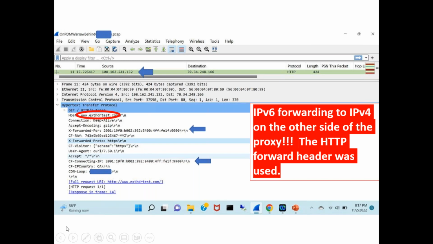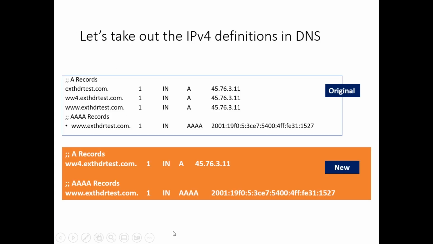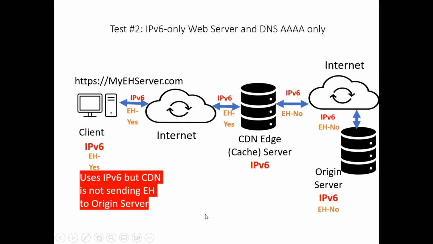Some CDNs, in fact, don't even support V6 on the other side. And so we talked to one of the CDN vendors, and they said, well, force it. Just take out the V4 DNS record.